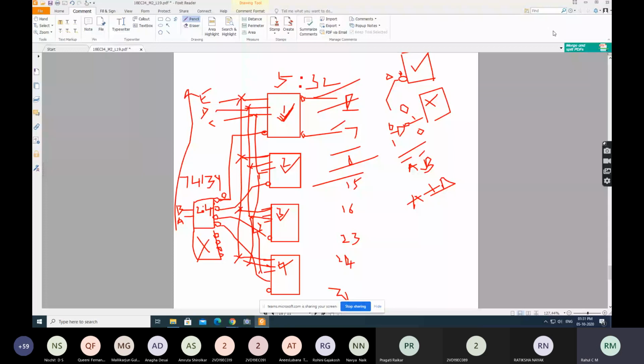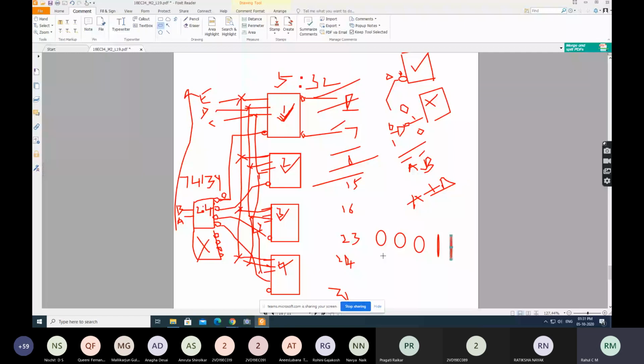Say A is 0, B is 0, C is 0, D is 1, E is 1. What will be the output? What pin will be selected for this combination?